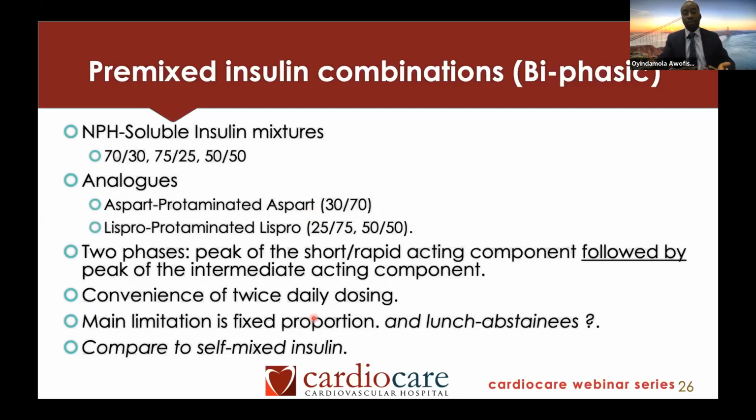So we just have to work with the proportion that is available, and the person will have to modify meal types, meal sizes, and lifestyle towards that insulin, rather than having the insulin modified for the person. Of course, to overcome this barrier, sometimes we do self-mixed insulin, where the person withdraws a certain amount of each of these components himself. But that's less commonly done these days.